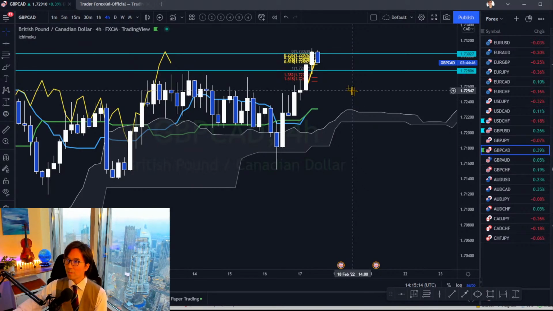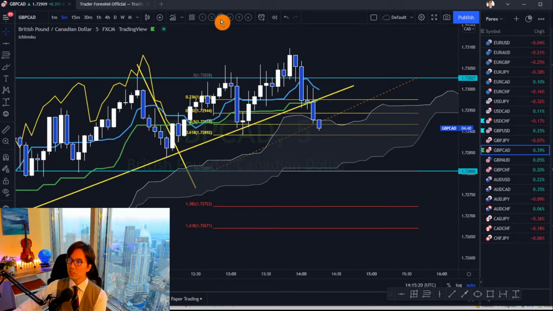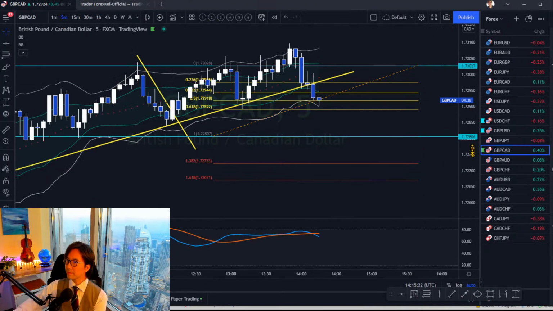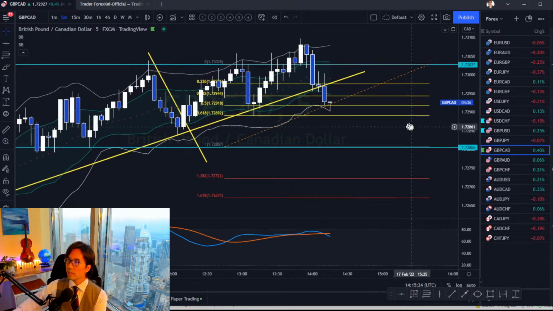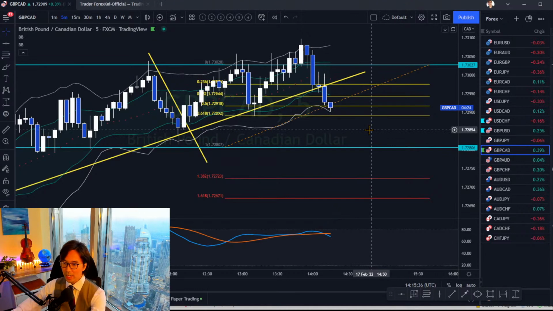So to avoid this huge drawdown, I exit very soon. Okay, so now you can clearly see that the market broke the trend line in the doji break and dead cross, while the forward chart is now flat, so I will just exit. I will exit by mobile.